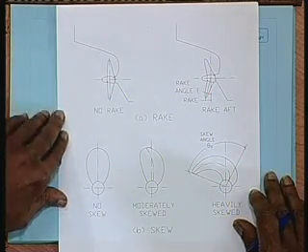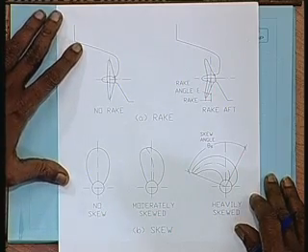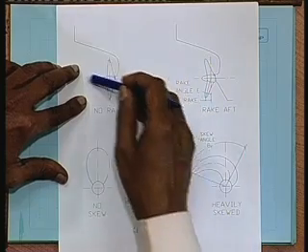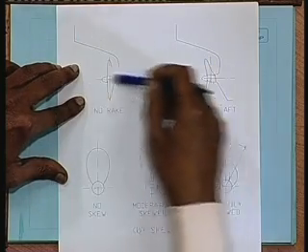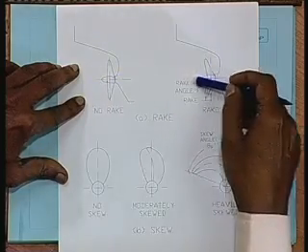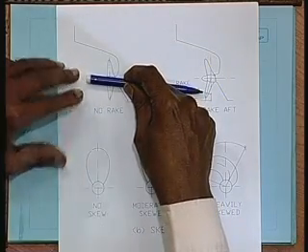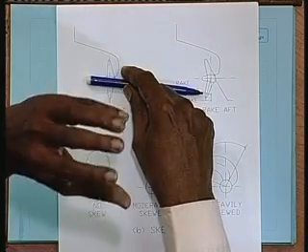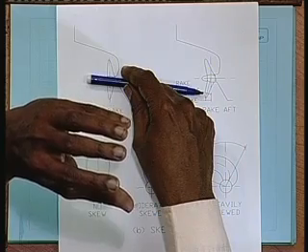Okay. So, if the propeller axis is perpendicular to the shaft center line, this is the propeller center line, propeller axis as it is called, the shaft center line on which the propeller sits is called the propeller axis.